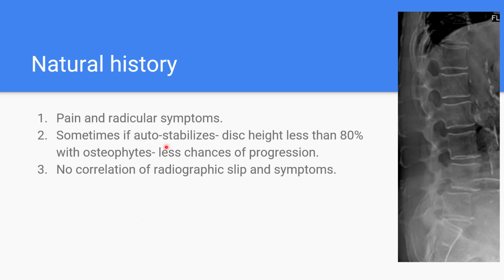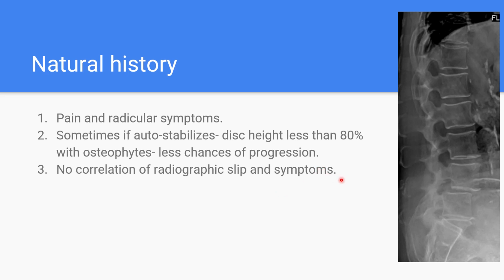Sometimes, with the disc degeneration, the slip auto stabilizes, and basically this happens if the disc height goes less than 80%, and with osteophytes forming, it kind of stops the slip, and then your chances of progression of the spondylolisthesis decrease.